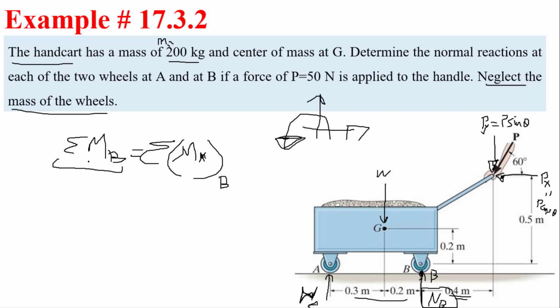So which external force does moment about B? The normal reaction at A, the weight, the applied load in Y direction, and the applied force in the X direction. But this reaction does not do any moment because it's passing through B.